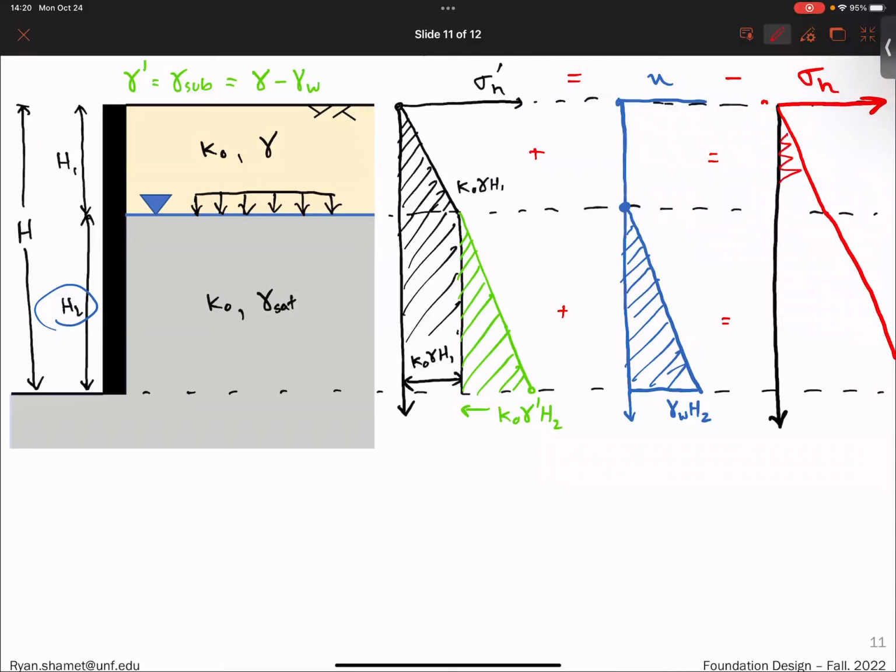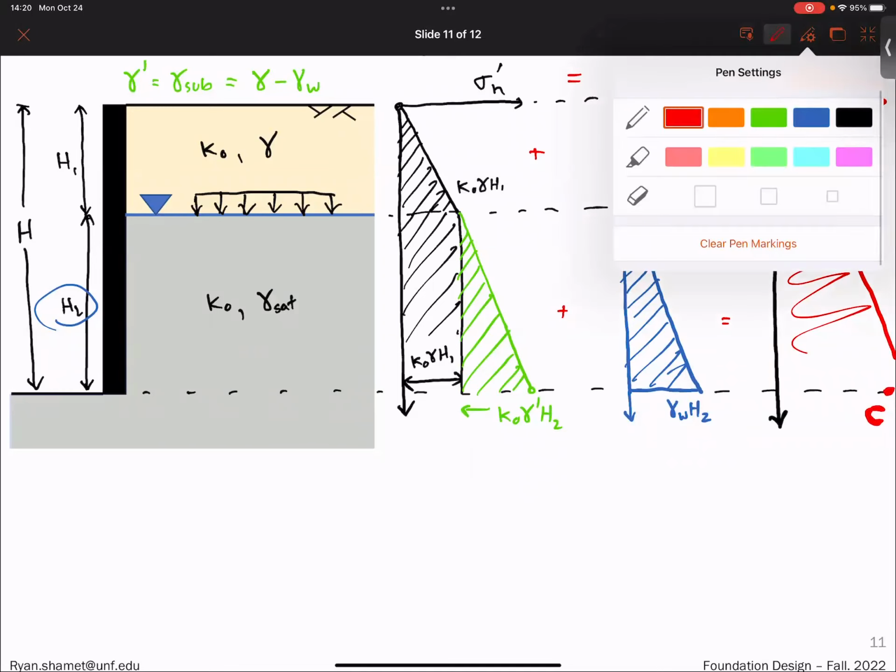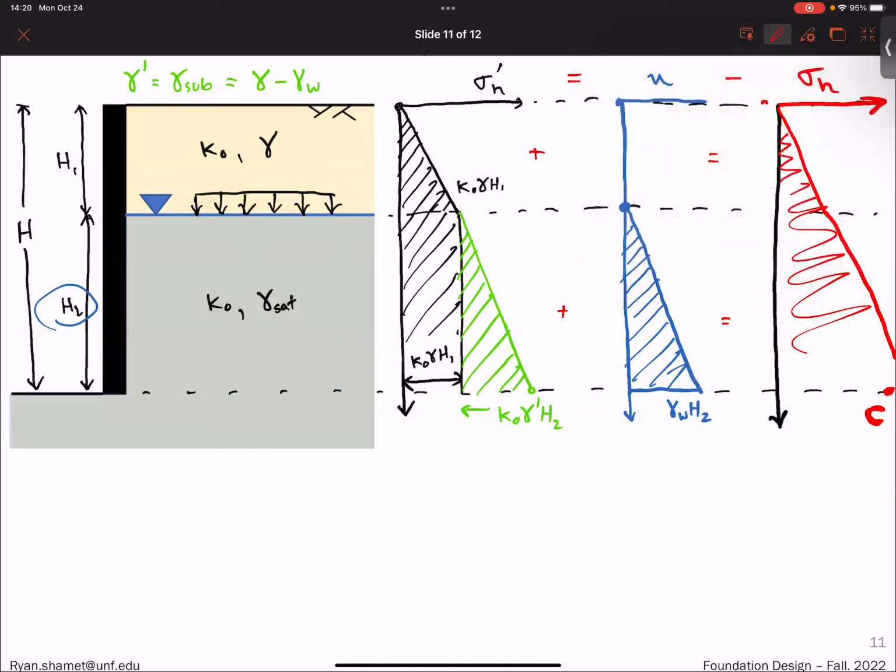So yeah, this whole point here, I'm just going to draw this here. Let's say this is point C. So at point C, we know that Z, the total depth, is equal to H, which is equal to H1 plus H2.